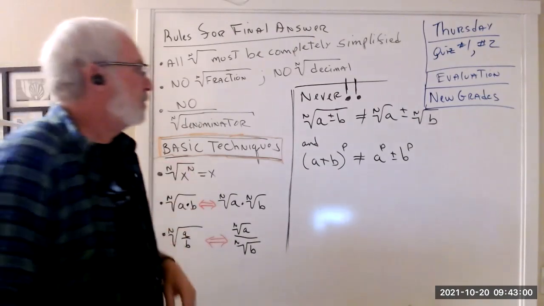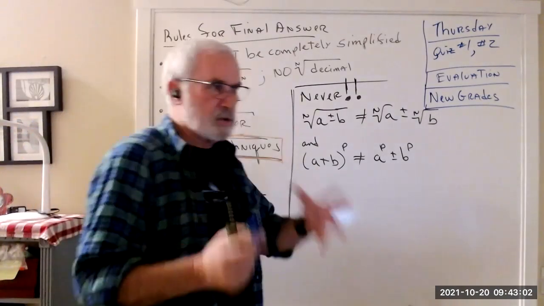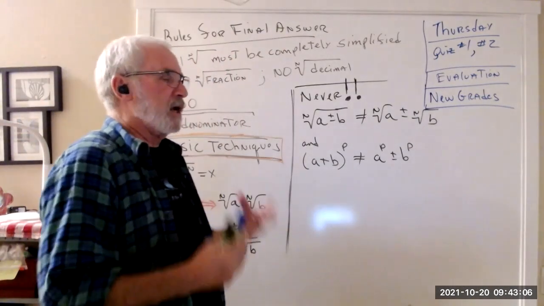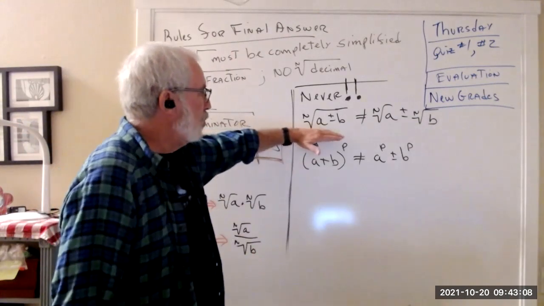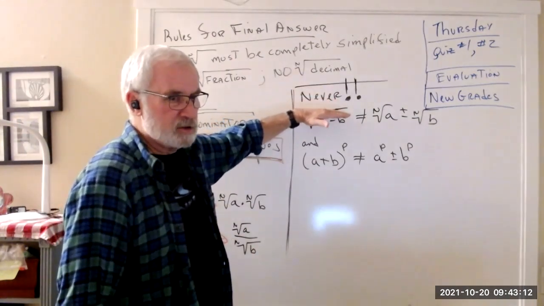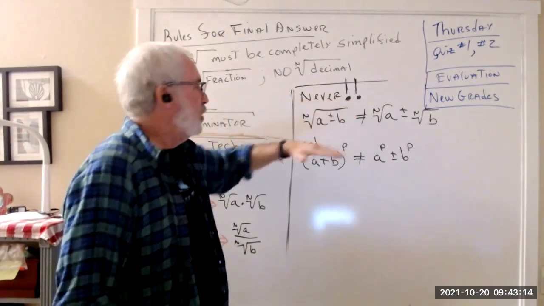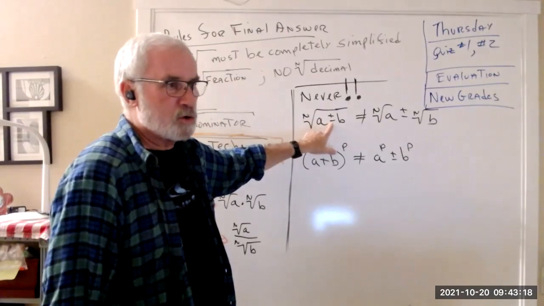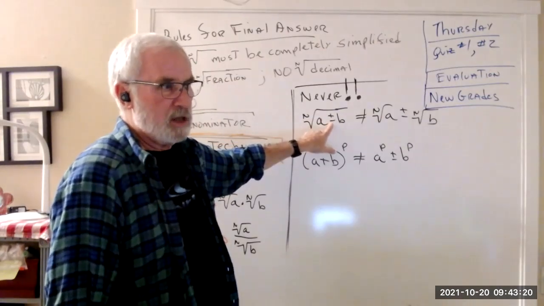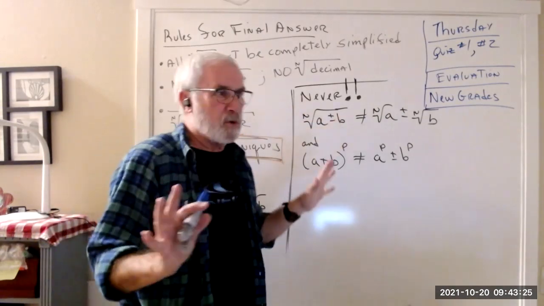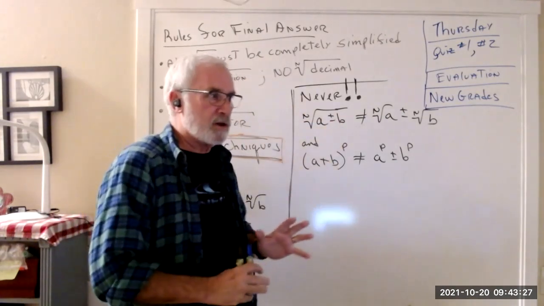And a couple of other things. Again, this was on that paper that I urged you to print out. If you haven't already, I really urge you to do this. You can never, hence the capital letters and the exclamation mark, you can never take apart an addition or subtraction radical. Ever. I stop grading. It's so completely wrong at that point.